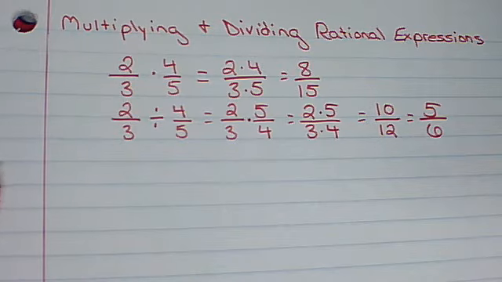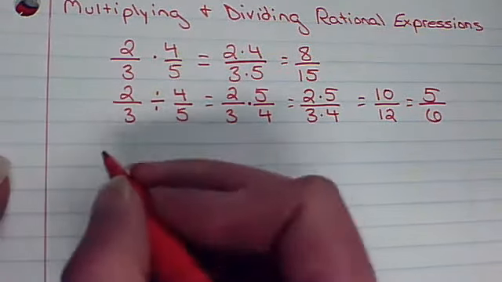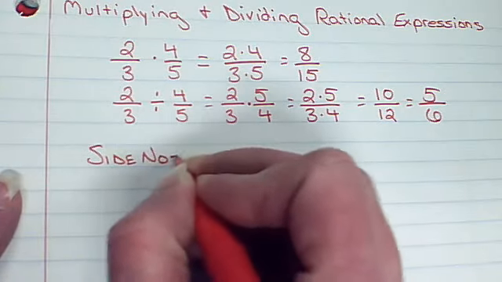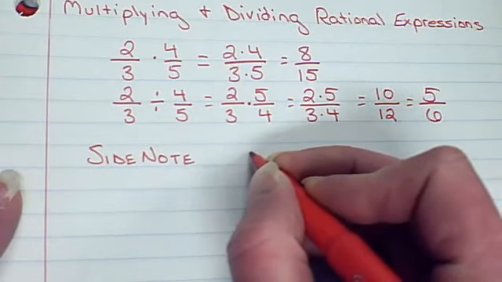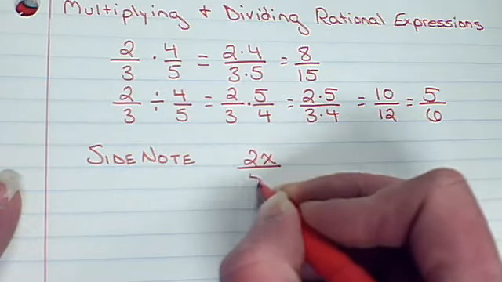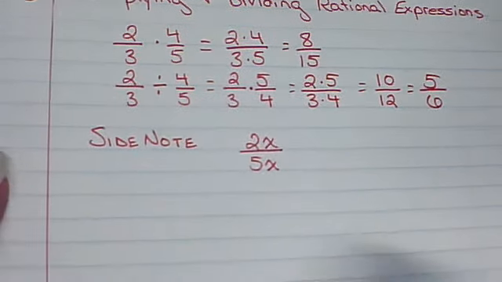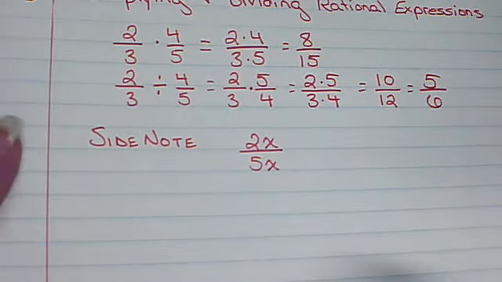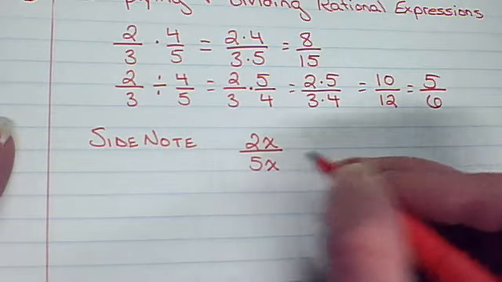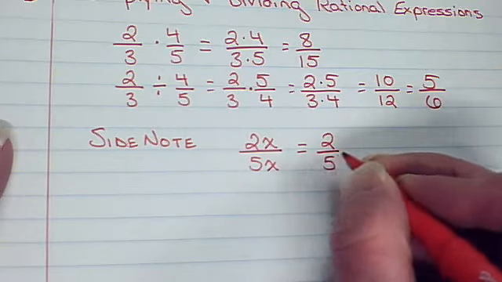Now that brings up a good point. Simplifying fractions. I'm just going to make a little side note here. When you're simplifying fractions, let's say we have 2x over 5x. What you're really doing is dividing the numerator and denominator by the same thing. I can divide the numerator and denominator by x and get 2/5.